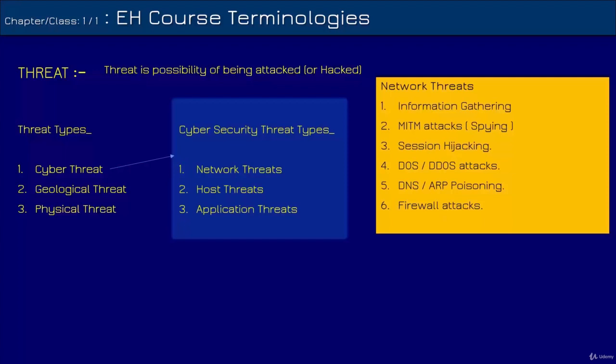For example, your network information like topology could be exposed. Devices installed on your network can be exposed with their device information, MAC addresses, version numbers of the applications installed on them, etc. Someone sitting on your network could spy what is coming into your network and what is going out of your network, that is MITM attacks, and also could conduct session hijacking like attacks.